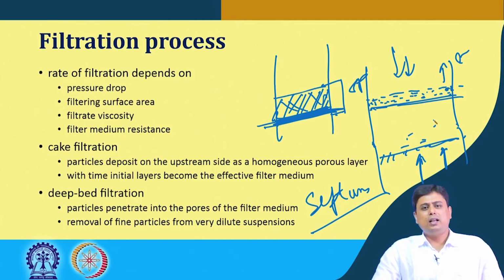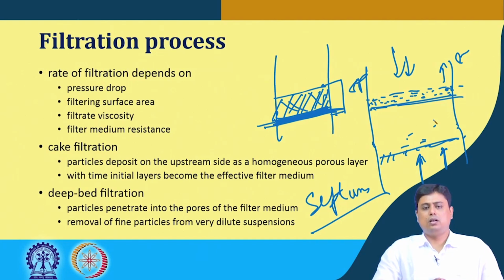Now, you can understand that the flow through this cake, or the resistance of this cake, is eventually the concept of flow through porous media, or flow through a solid bed of particles, for which we know the pressure drop expression and how the flow will happen.